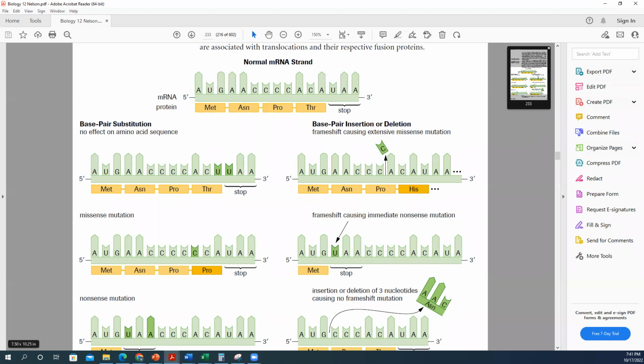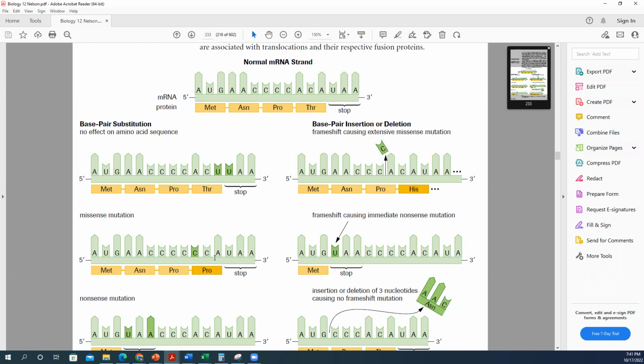Well, this is a missense mutation, because even one single nucleotide substitution has led to a different amino acid being inserted here. So even one change could have a serious effect on the protein.